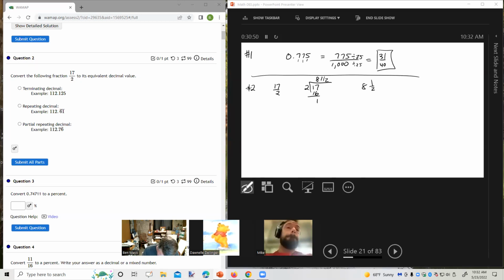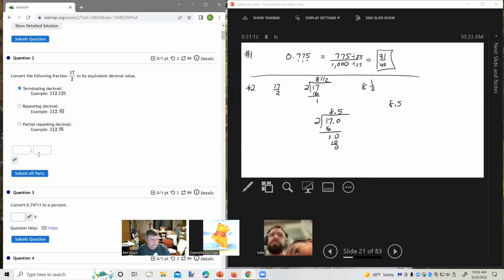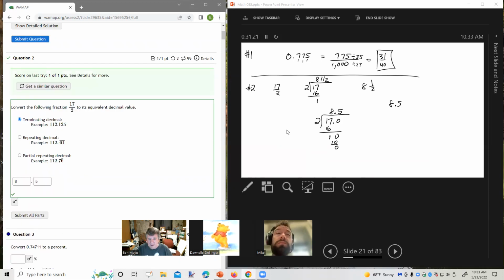So we get 8, we put our decimal point right there, and we get a 5. So the answer would be 8.5. Now, is that a terminating decimal, repeating decimal, or a partial repeating decimal? It's a terminating decimal, and the answer would be 8.5. And so there we go on that.